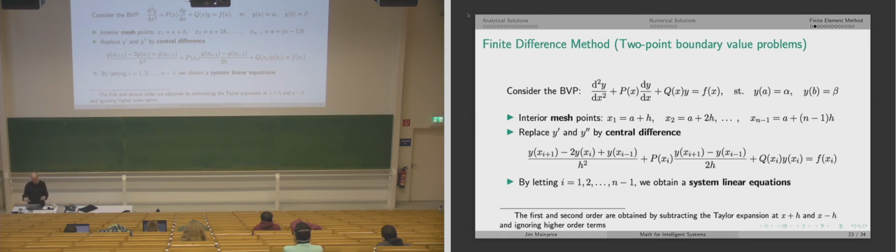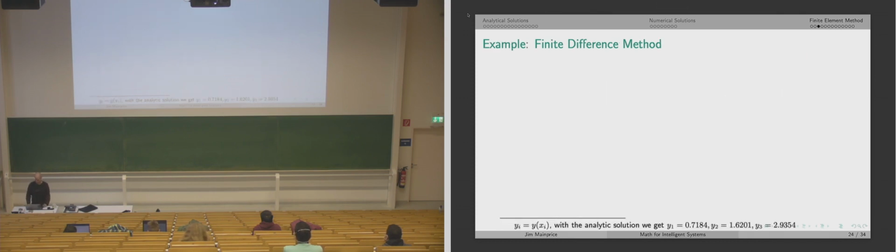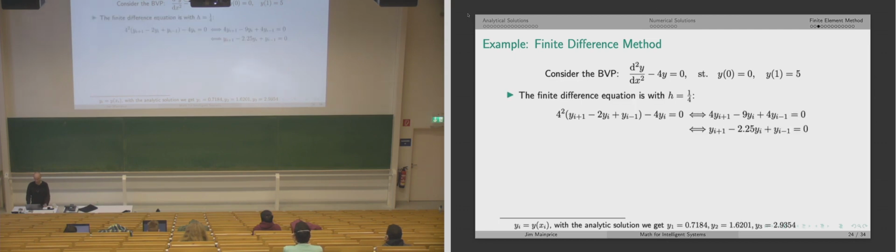And if you let i be any index along these mesh points, so here we are actually considering n minus 1 mesh points, then we will obtain a system of linear equations. And now we just have to solve the system of linear equations. So if I give you an example of that, we have the following differential equation with the following boundary conditions, and using the finite difference technique that we just saw, we have only the second order finite difference involved here.